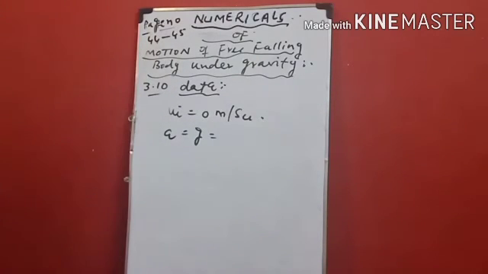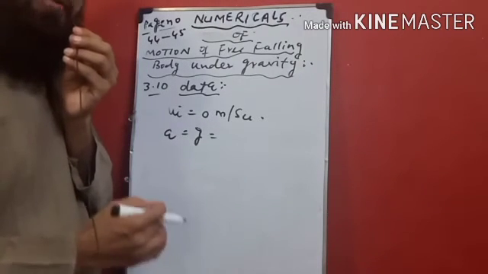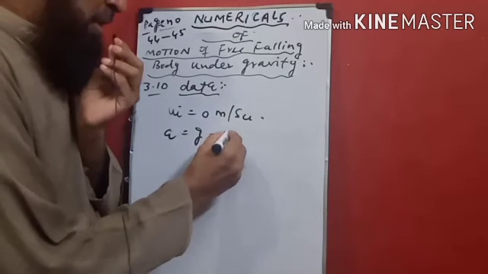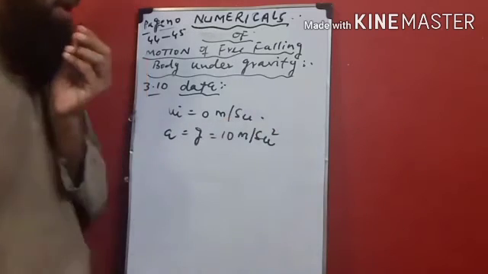But we take 10 meter per second square in these numericals, to make our calculation easy. Meter per second square.